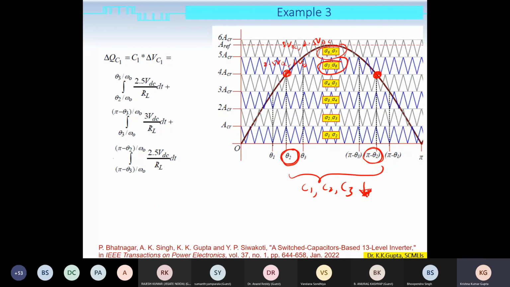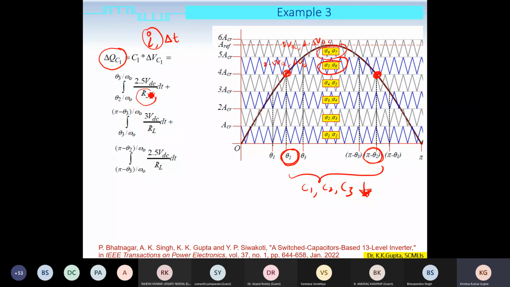So what we have done here is, you see, the amount of discharge that a capacitor goes through is dependent on the current and the duration. And this current is voltage divided by the resistance, right? Why are we considering only resistance? Because we are considering the worst case scenario. We are assuming that the load is resistive in nature, right? For designing, we are designing the converter for the worst case scenario.